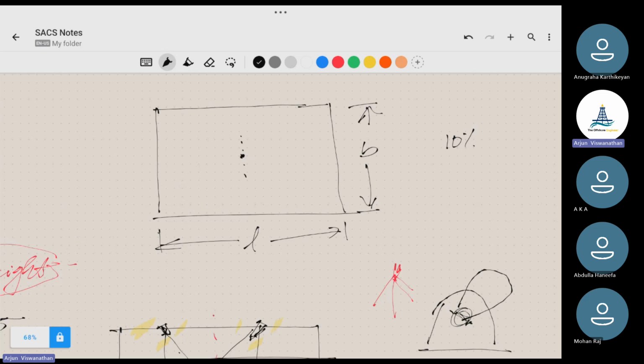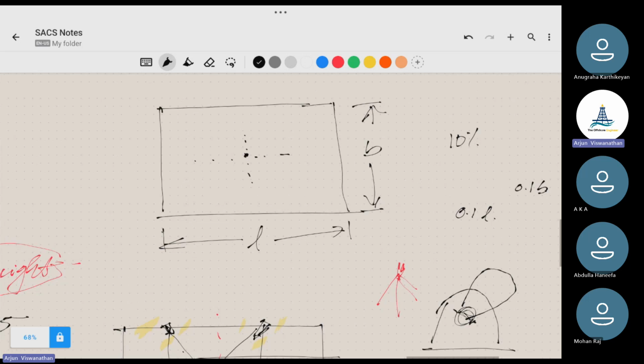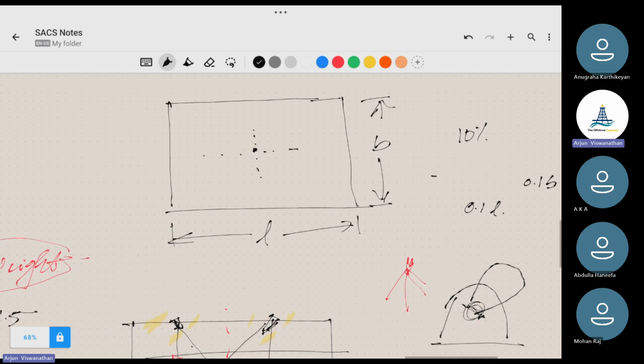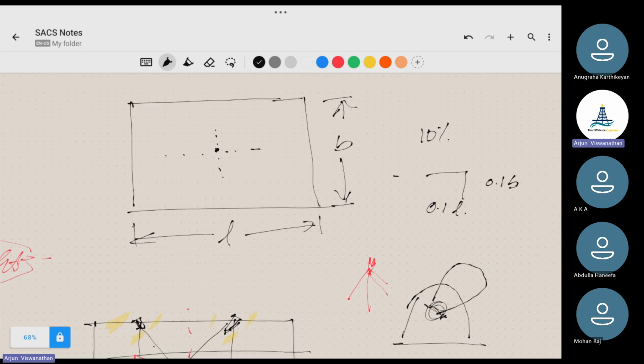Let me draw it central. If I consider 10% of it, that is 0.1 times L and 0.1 times B, if I consider this as a rectangle with my current COG at the centroid, it will be something like this.